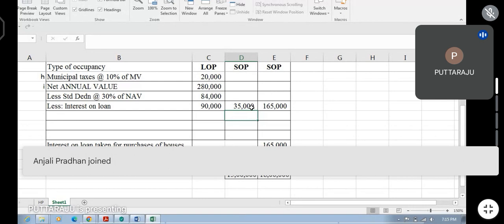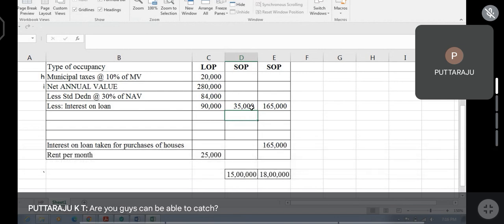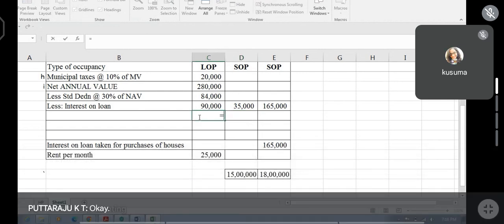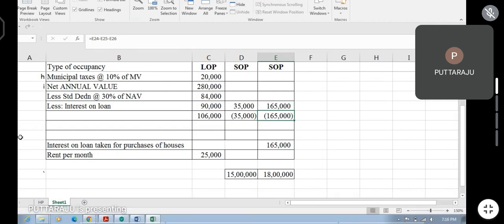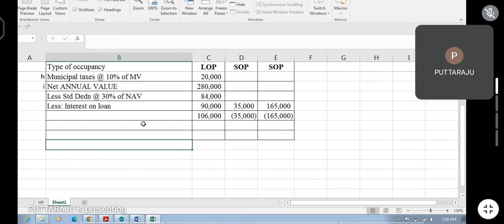Are you guys able to catch? Yes, sir. Okay. Balance, this minus this minus this. You got it?